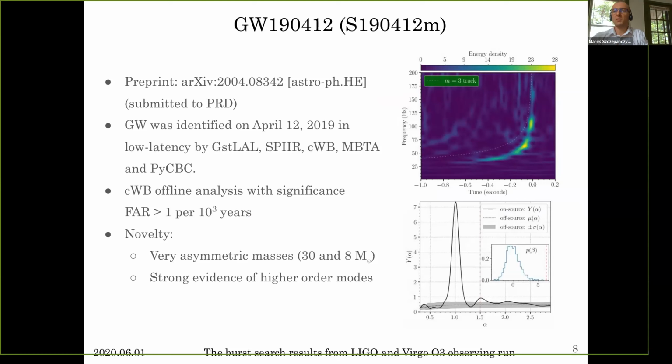What is interesting about this event is that it has very asymmetric masses of 30 and 8 solar masses. It also provides strong evidence that this event has higher order modes. So this is very exciting.